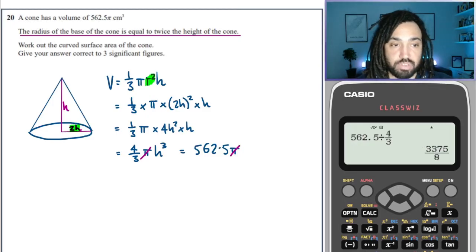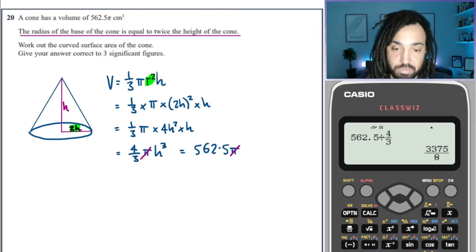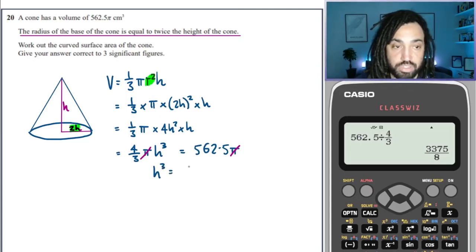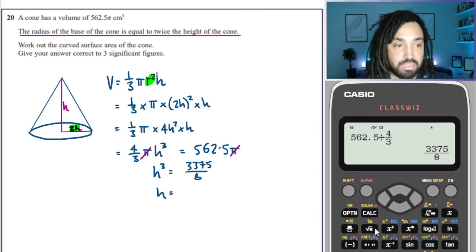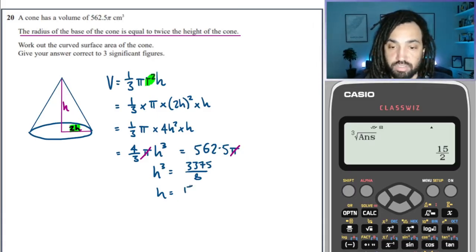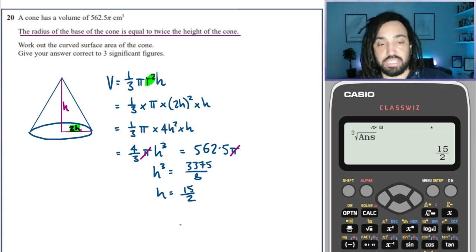So divide by 4/3 on both sides. And we get that, which is lovely because that looks really cube rootable. I believe that is 15/2, isn't it? Let's just double check that. Nice. 15/2. So that's the height.